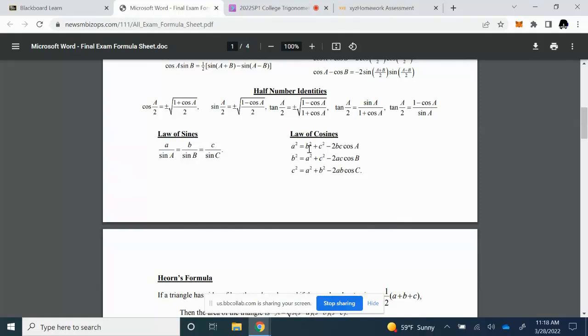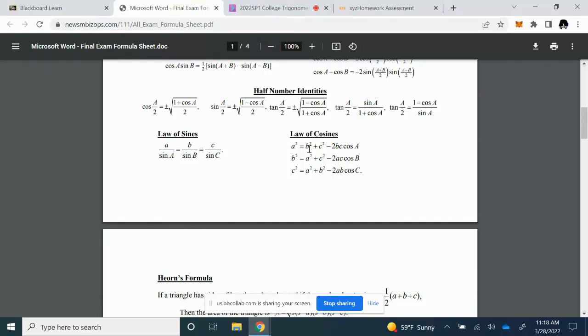I'm going to make some adjustments to the formulas because these formulas fit a triangle that has a standard labeling of A, B, and C as the angle measures, and the standard labeling for the side lengths as lowercase a, b, and c.